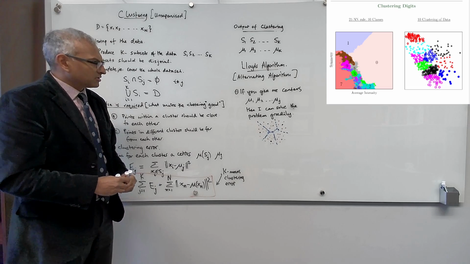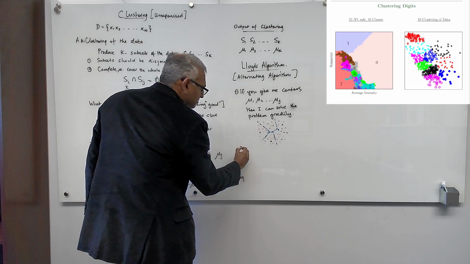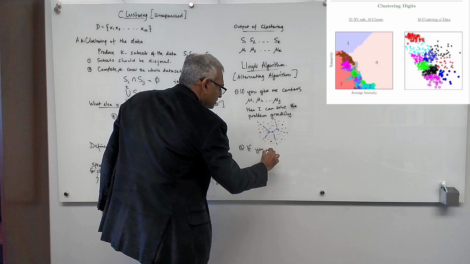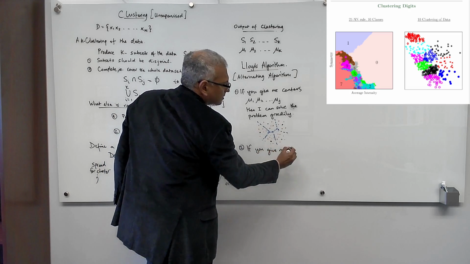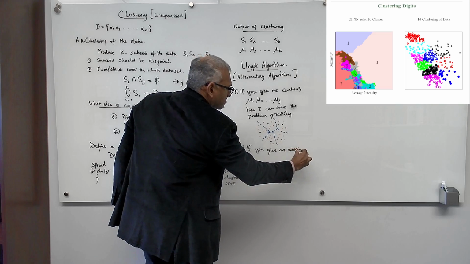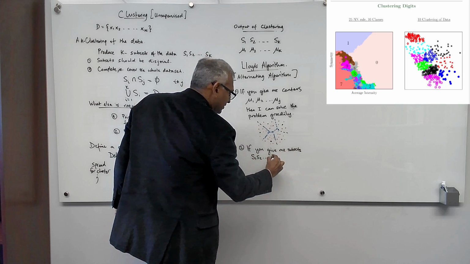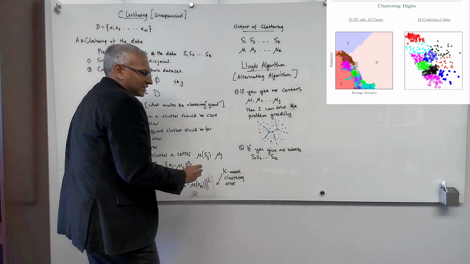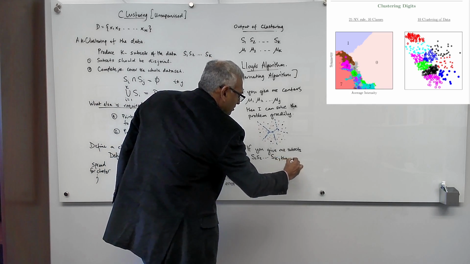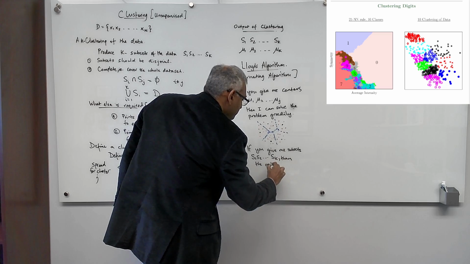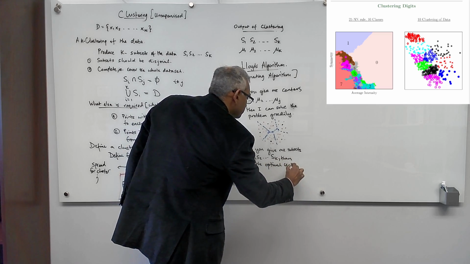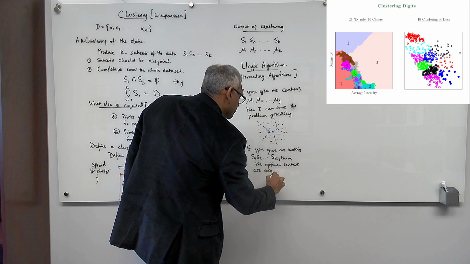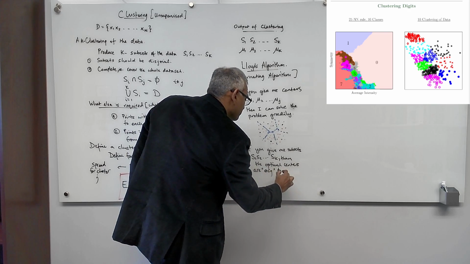The second observation is, if you give me subsets S1, S2 up to Sk, then I can construct the optimal centers. The optimal centers are easy to construct.